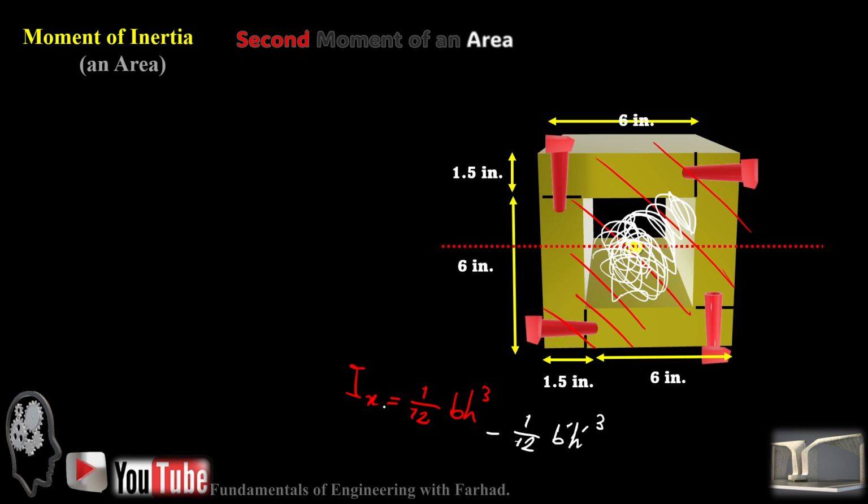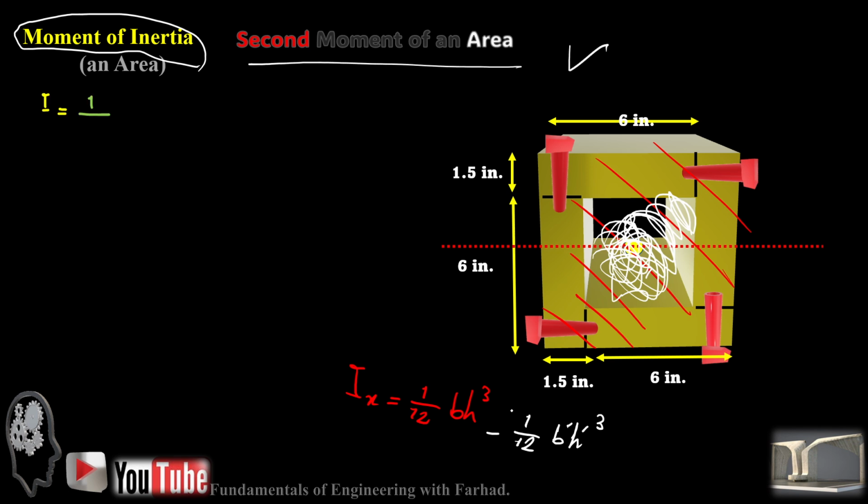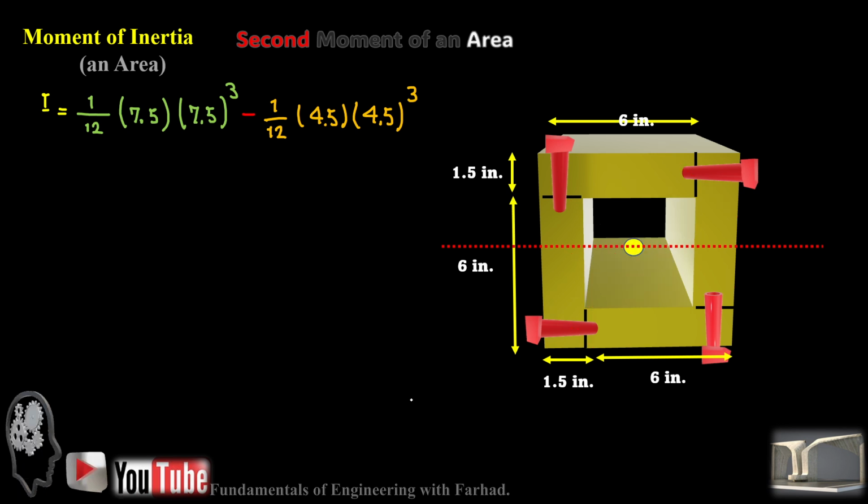Then you will get the moment of inertia or second moment of an area for the entire shape. That's again, I will provide you with the link in the description if you want to review a detail of this calculation.